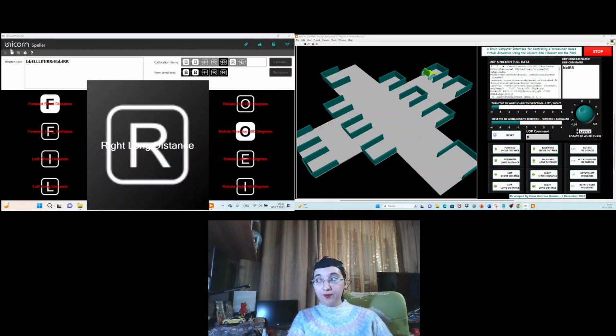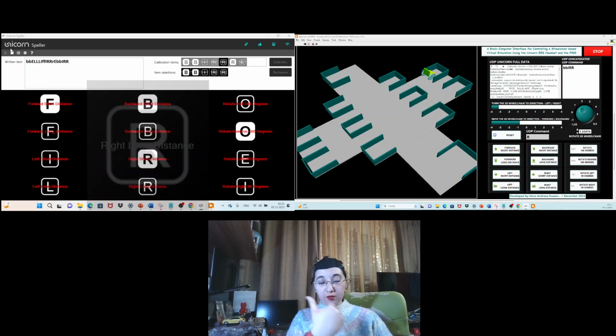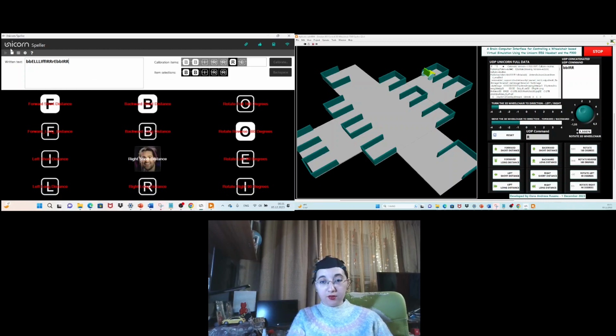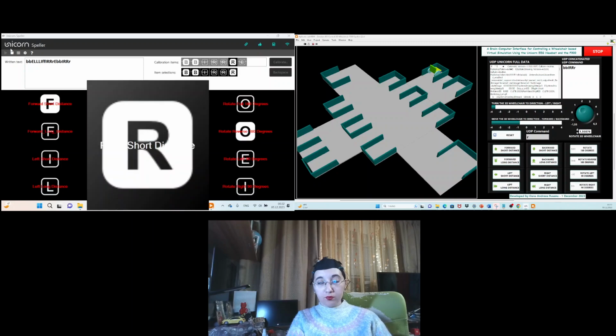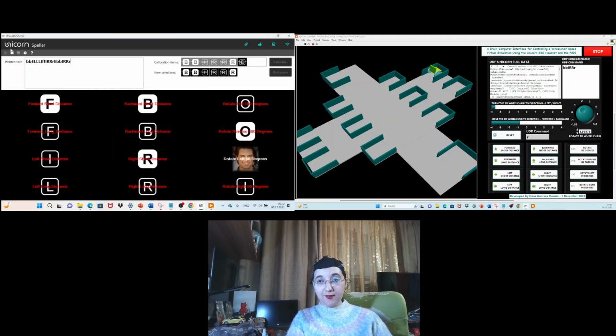That's perfect. You can see the wheelchair is reaching the final position and right short distance. That's great. And the last one, rotate left with 90 degrees.